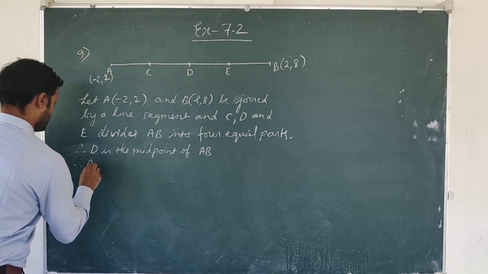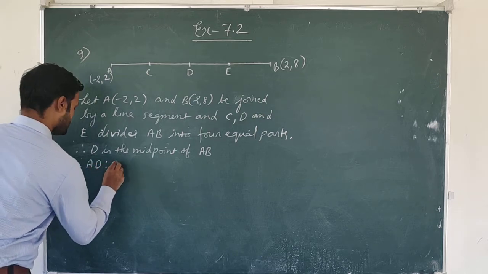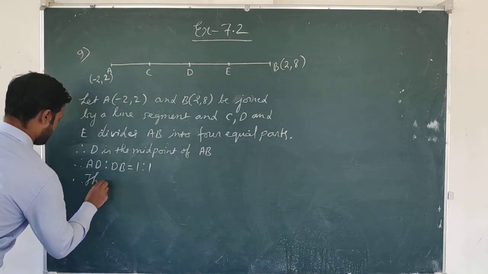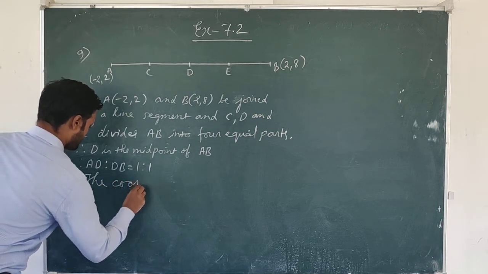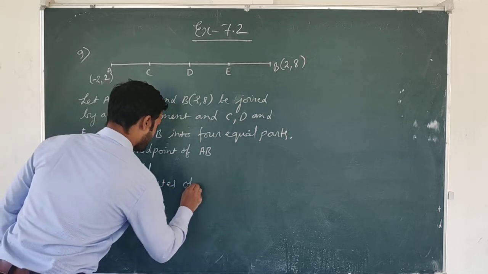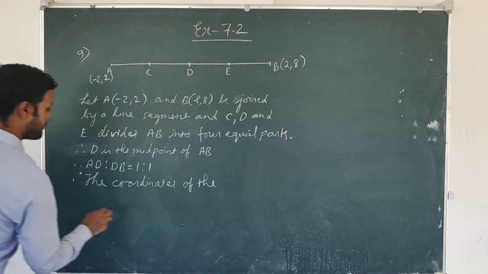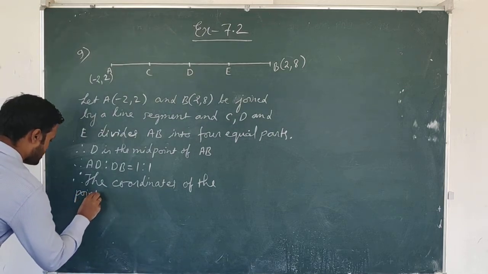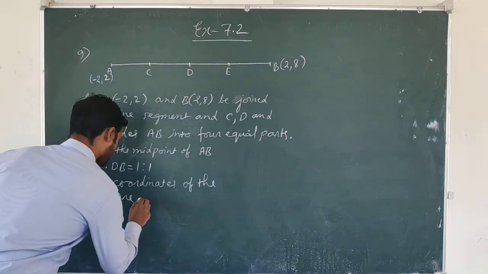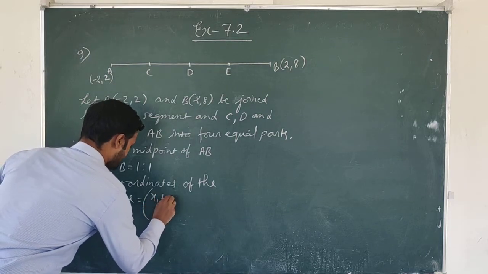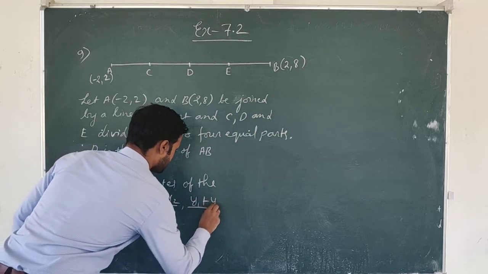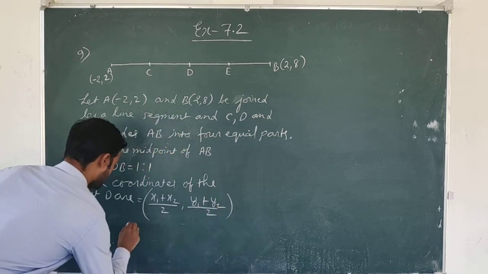Therefore, the coordinates of the point D are equal to (x1 plus x2) by 2, (y1 plus y2) by 2.